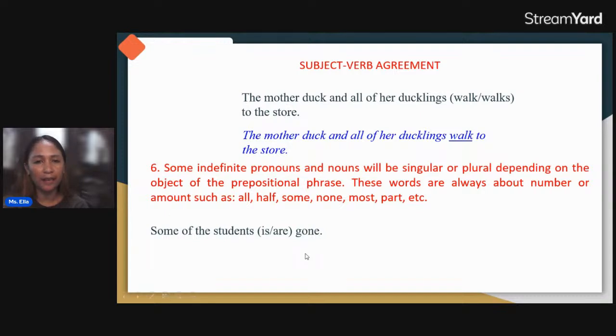The correct answer here is: some of the students are gone. Why again? Always about number or amount. So some, that means it's considered plural. That's why we take a plural verb also.